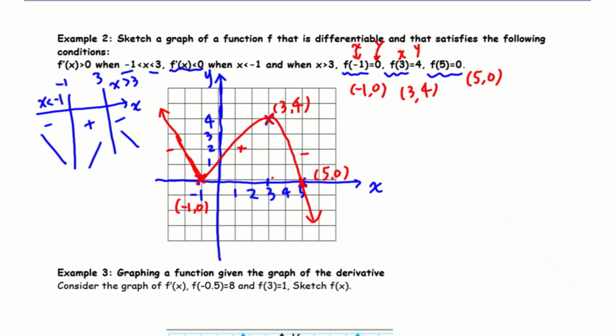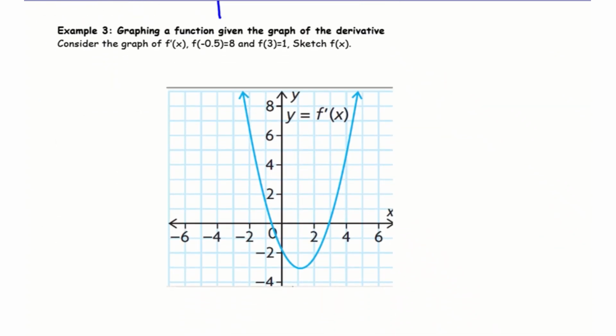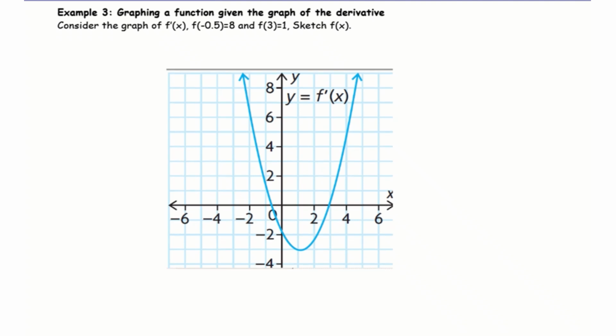From the given information we do the graph, and we practice another one. This one is given some information. This is f prime is given. So the derivative is given, and it asks you to graph the function f.